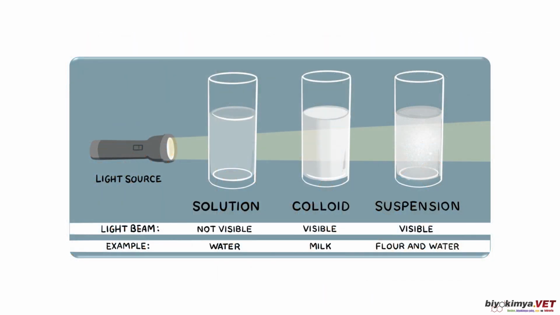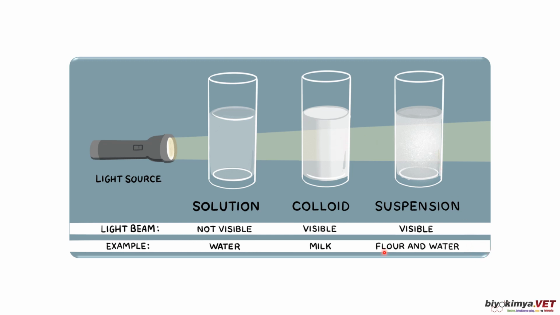And this figure represents the Tyndall effect, when the light source is directed into a solution, the light beam is not visible, but in a colloid suspension it is visible. Here the examples: water, milk, and fluoride.